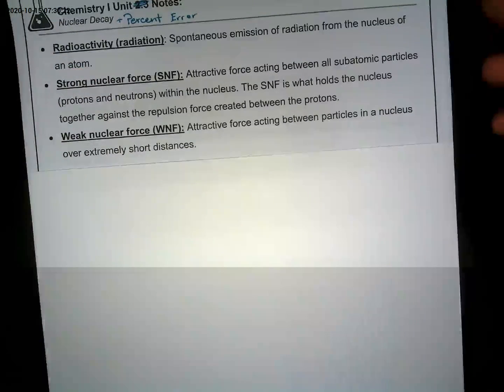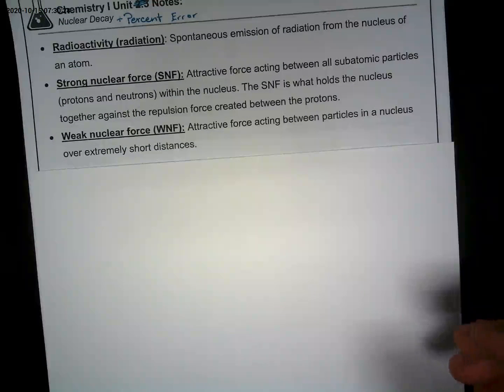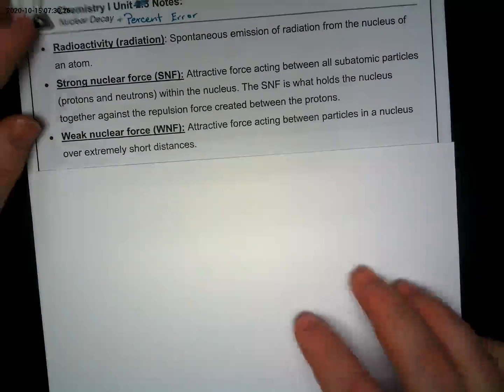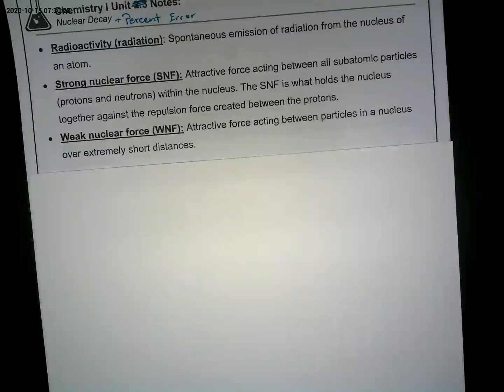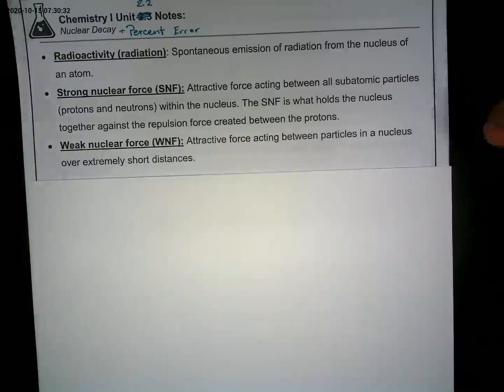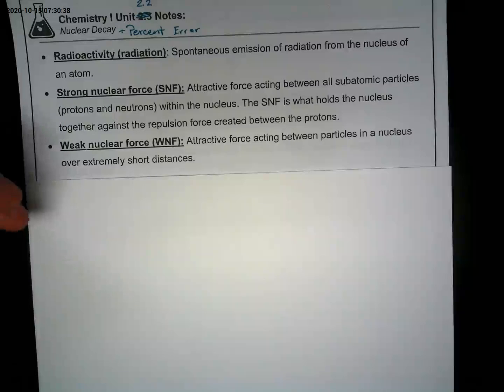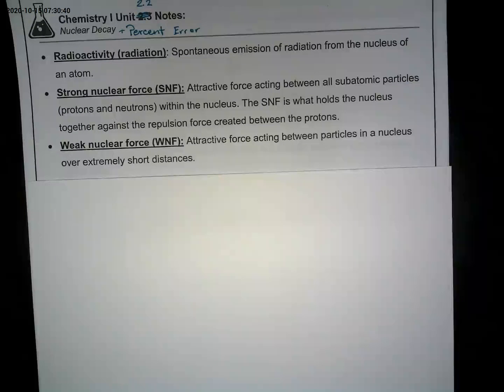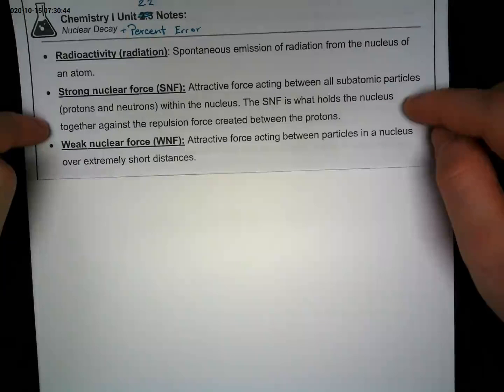Okay. So why is this important to know? Why do we have to know about the strong nuclear force and the weak nuclear force? Well, it's important to understand that there are forces holding this together. It's not just some random thing, where this proton wants to hang out with this neutron, or they just happen to fall that way. No, there's something that keeps these together.